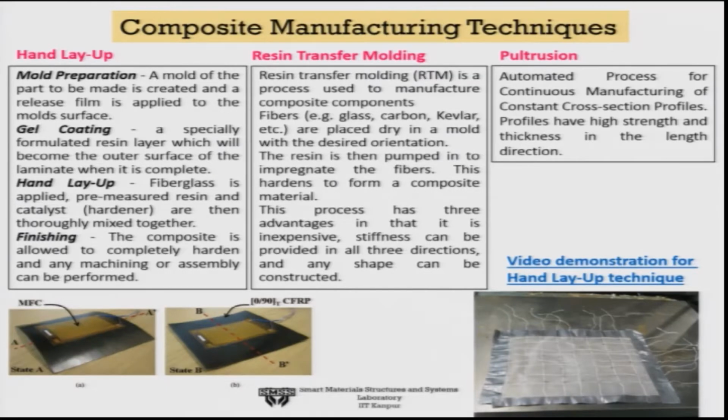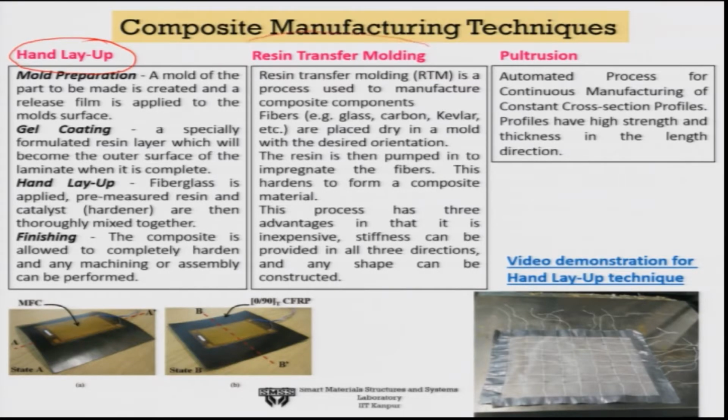Now, there are many techniques once again, but for the sake of this course we have chosen some very brief and most important techniques that are used. So, I have chosen hand layup, because most of the time this is the most popular one, where we make the composite and we add the smart materials in that making process itself.